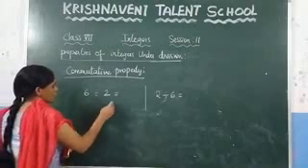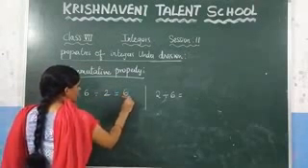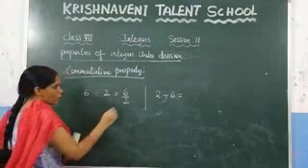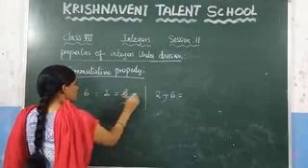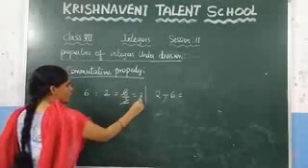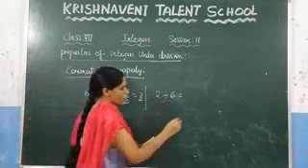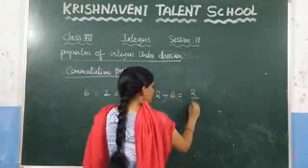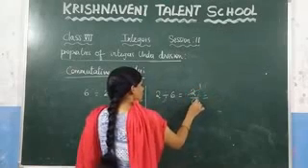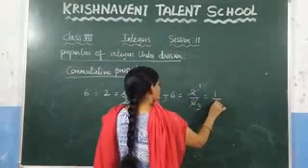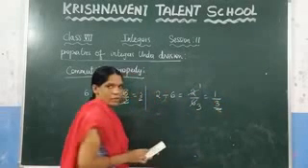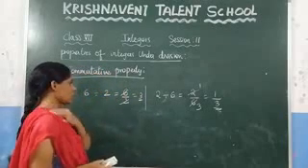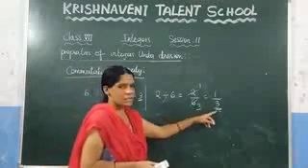Now check. 6 divided by 2, you can write as 6 by 2, and the answer is 3, since 2 threes are 6. Now 2 divided by 6, you can write as 2 by 6. Here 2 ones are 2 and 2 threes are 6, so it cancels and you get 1 by 3. Here we are getting the answer 3 and here 1 by 3.